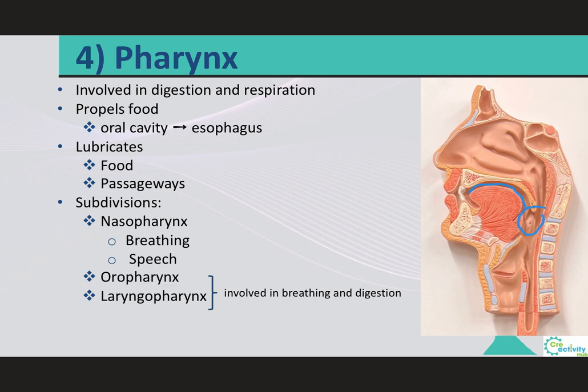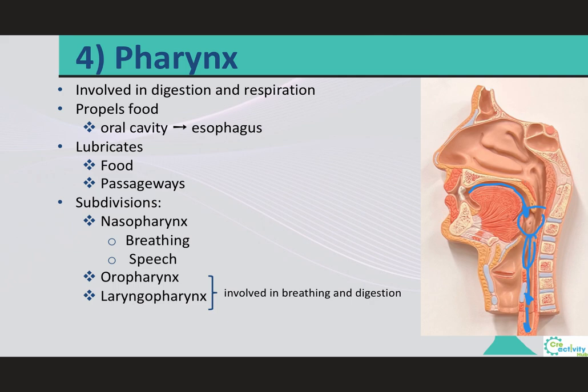Once the bolus passes through the pharynx, specific muscles called constrictor muscles will constrict the pharynx and force the bolus into the esophagus, and this will initiate peristalsis. So it basically pushes the bolus from the pharynx into the esophagus.